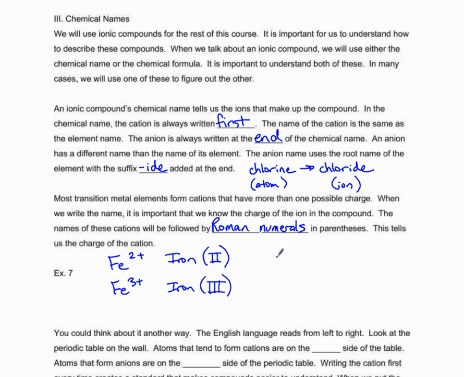Another example, something like Mn2+, Mn3+. It's a transition metal, it's right next to iron, and its name is manganese.